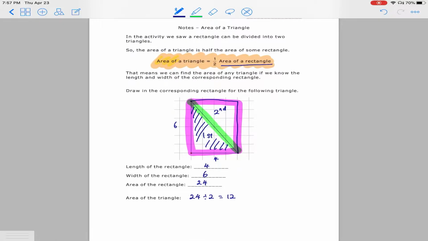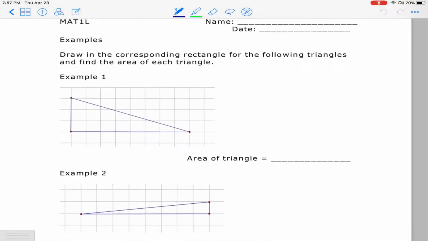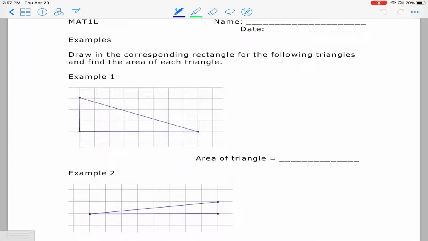Okay? So then, if we get to this one, same thing. We multiply the bottom. Now I'm going to actually name this slightly differently. Base. Okay? So the base is the bottom instead of calling it length. And then the height is the replacement of the width.